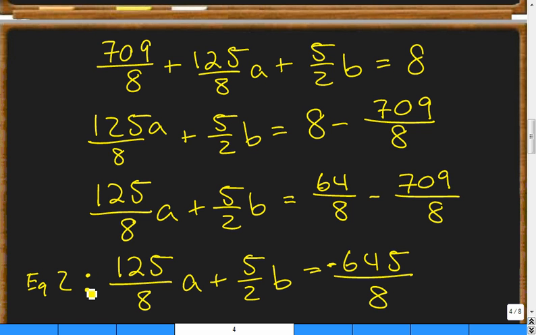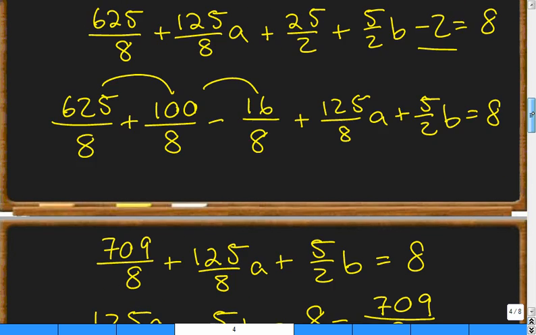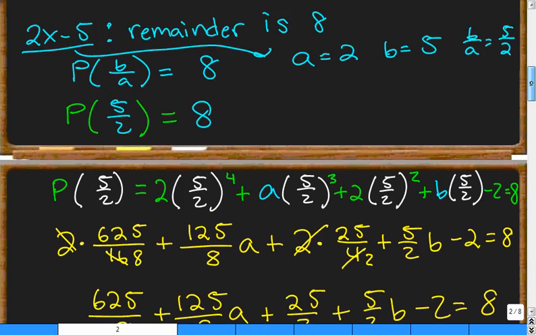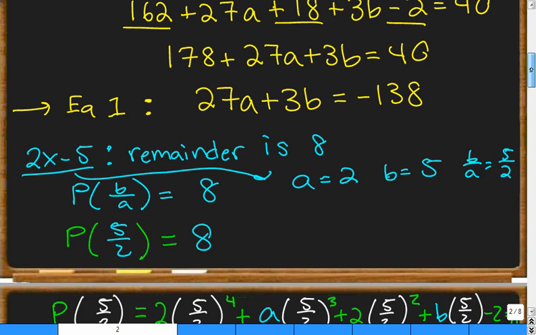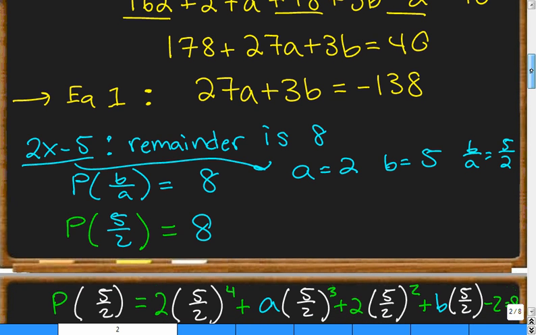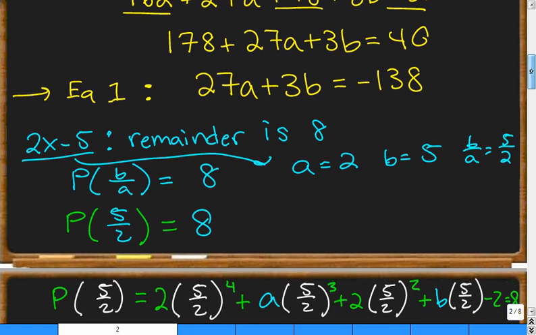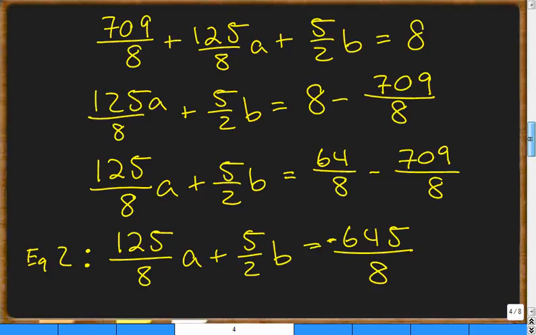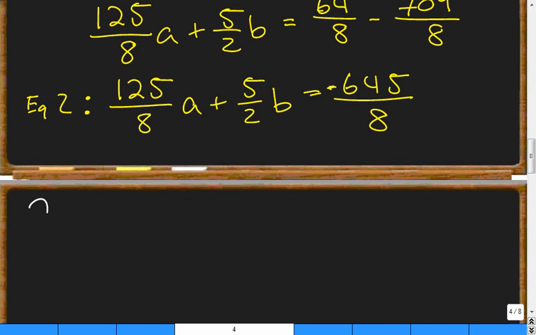Okay, so we now need to put both of our equations together. If we look back, I'm going to go all the way back to the top, to our equation 1, and that's 27A plus 3B equals negative 138.